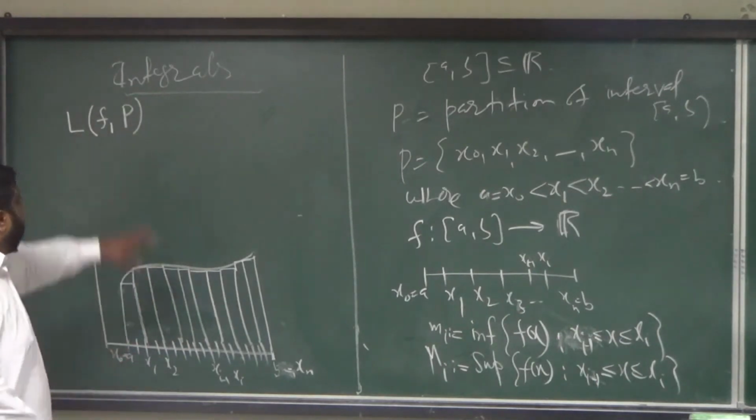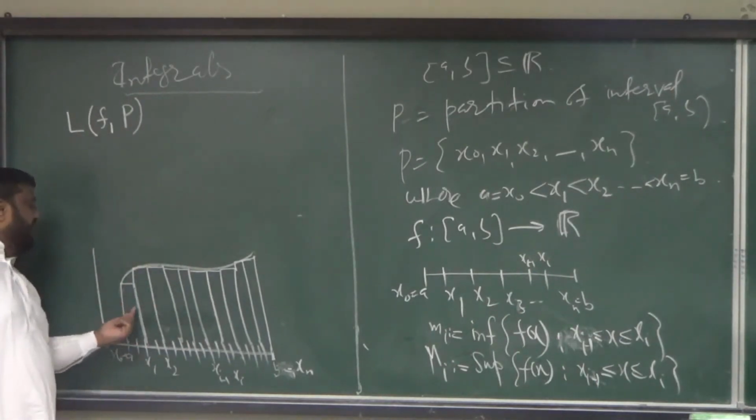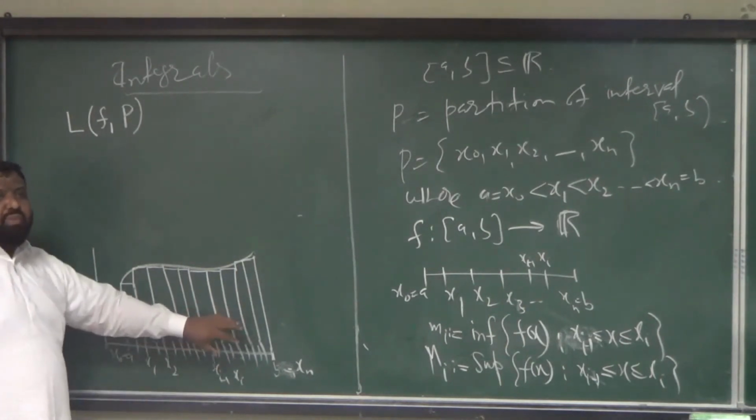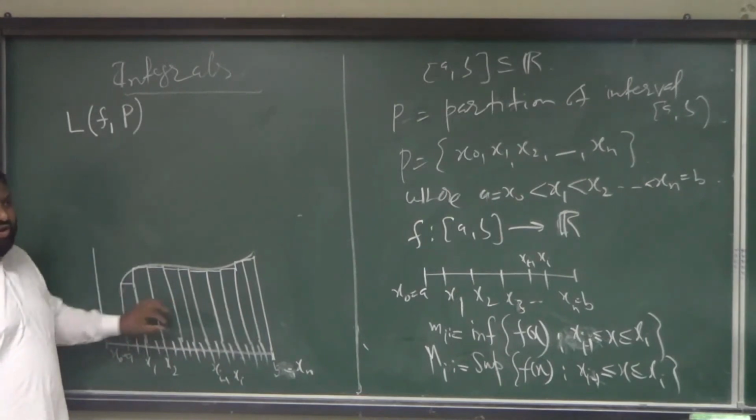So L(f, P) represents the area covered by all these rectangles. How can you compute the area covered by all these rectangles?